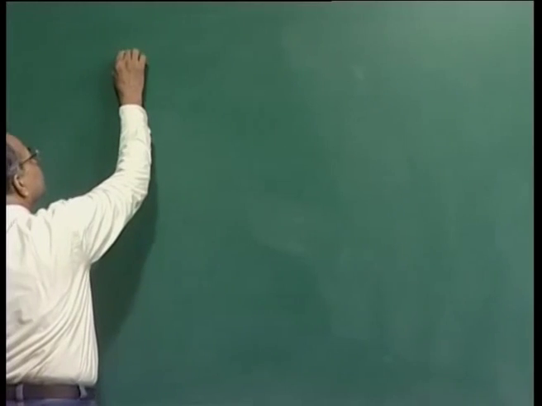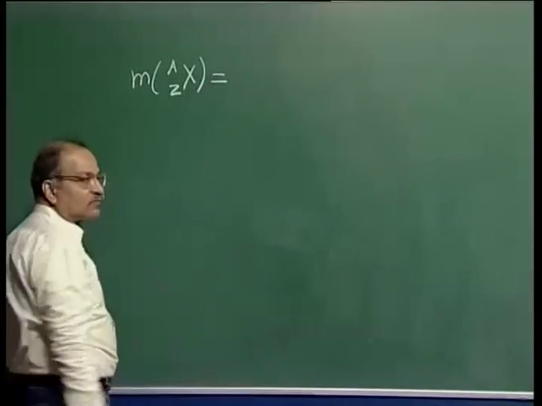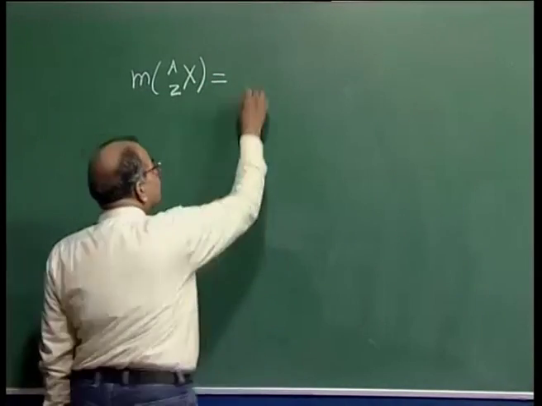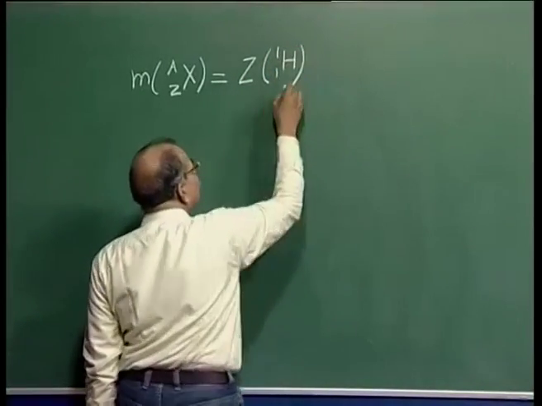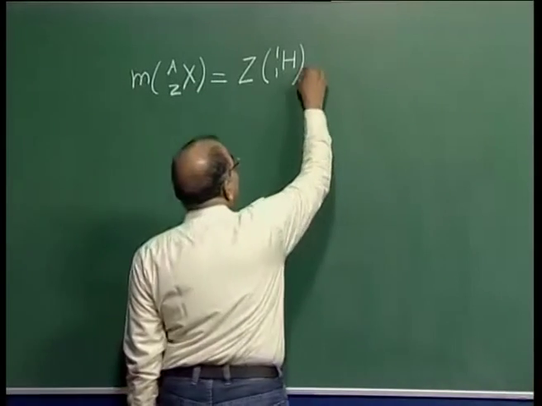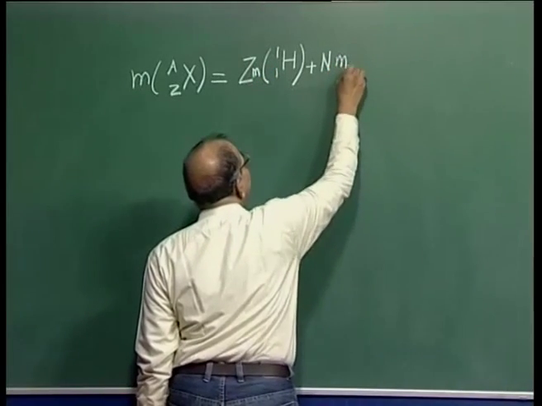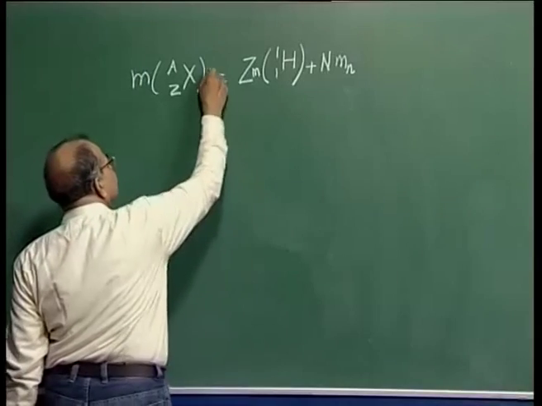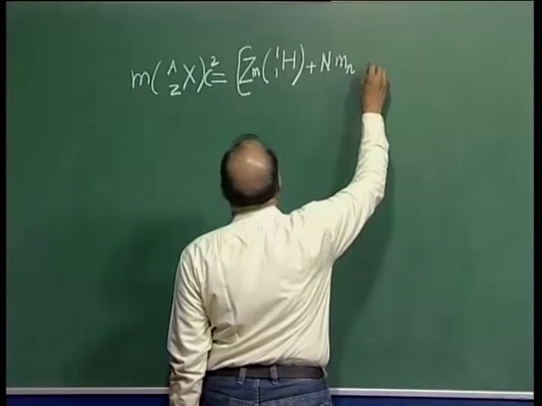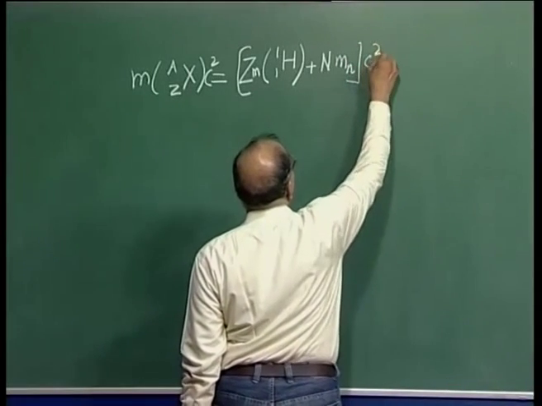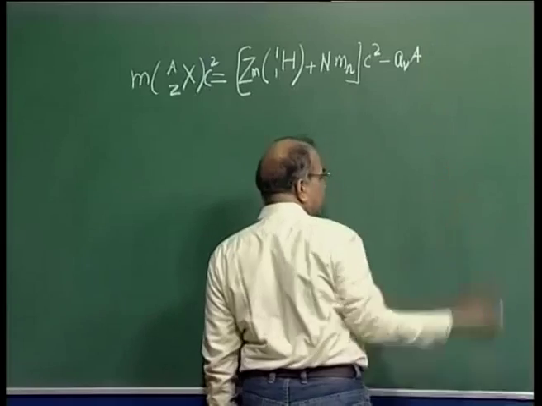The mass of the nucleus AXZ will be Z times the mass of 1H1, plus N times the mass of neutron, times c squared, minus the binding energy, so minus AV times A and so on.